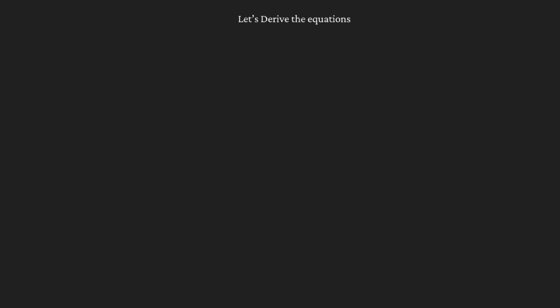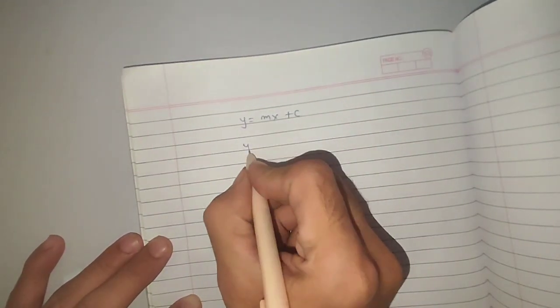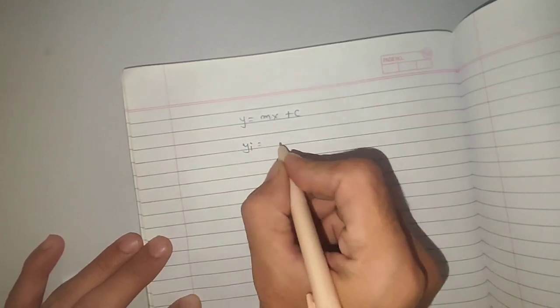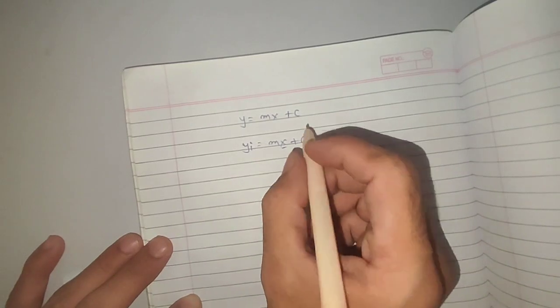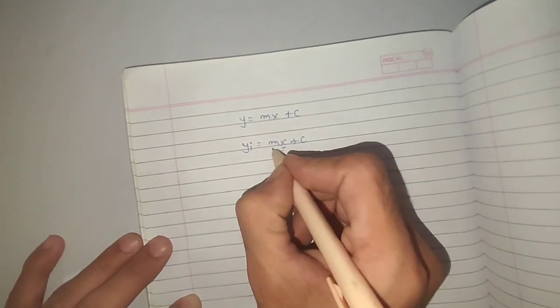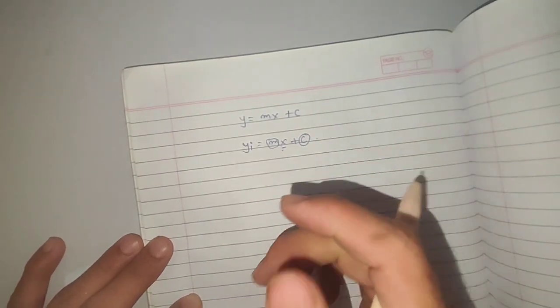So let's derive our equation. We have our equation y is equal to mx plus c, right? And we want to predict y based on the given input of x. But in order to do that, we must have the slope and intercept, right?